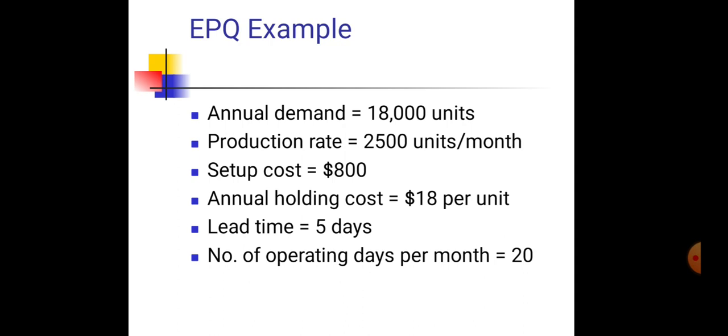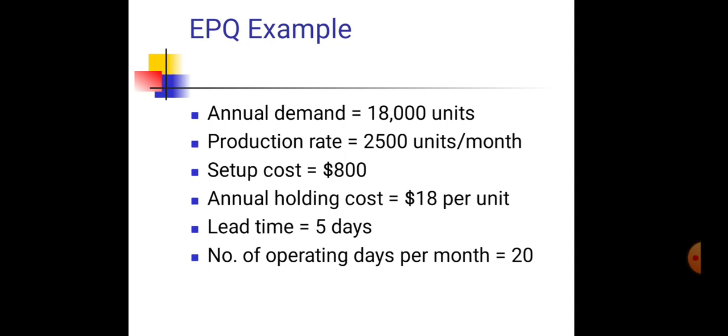The setup cost is given in dollars, $800. The annual holding cost is 18 per unit, and lead time L is 5 days. The number of operating days per month is 20.